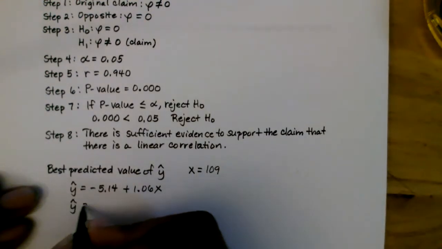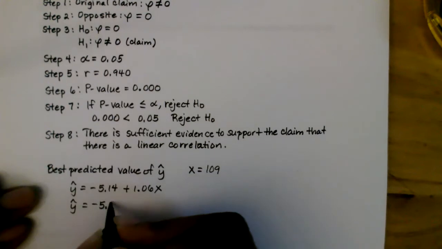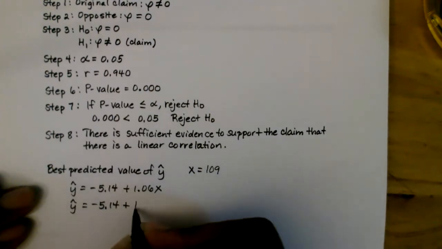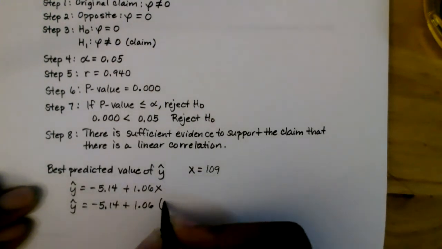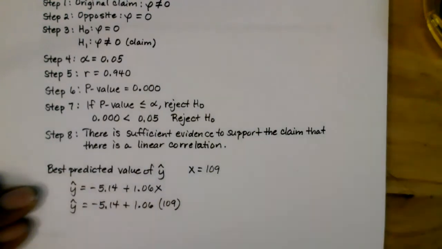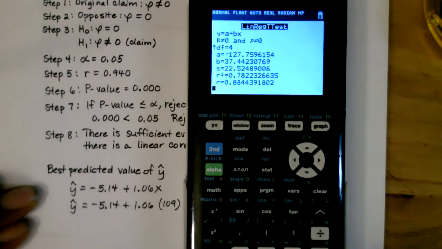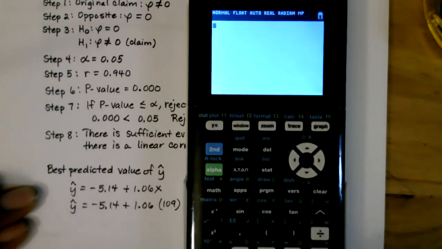We get y hat is equal to negative 5.14 plus 1.06 times 109.